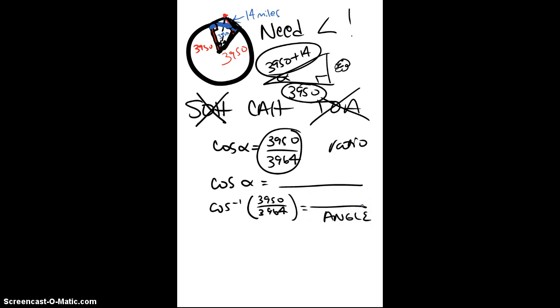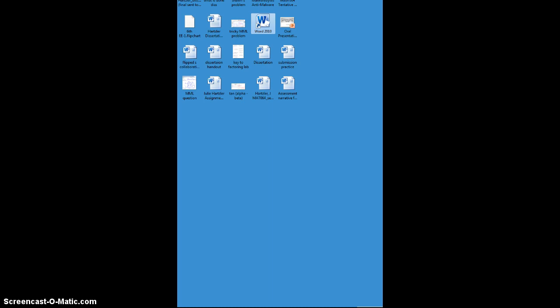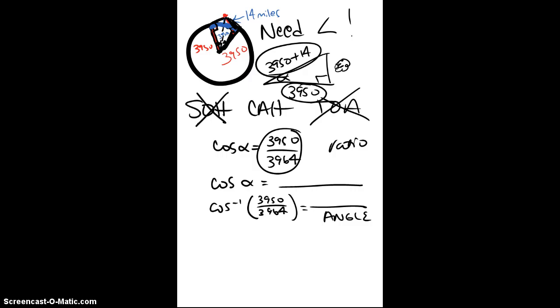So in this case, it spits out, sorry about that, approximately, and I'm going to round to the nearest tenth, approximately 4.8 degrees. If you wanted to be precise, you would use that entire number and not round, but we're not worried about that in this example.